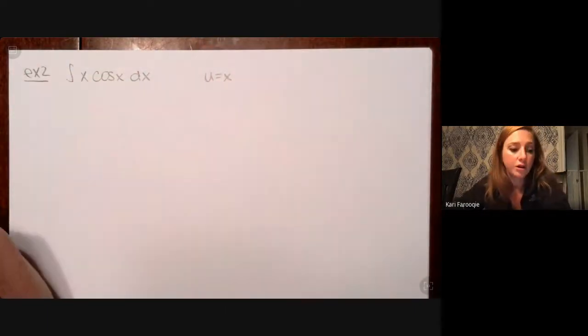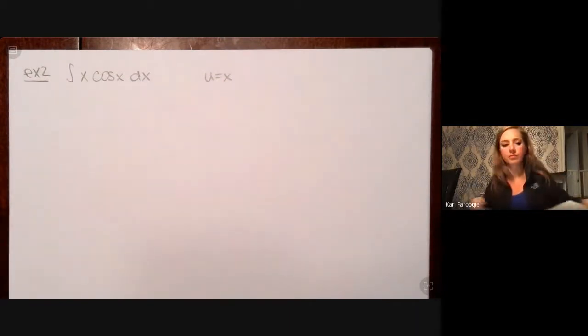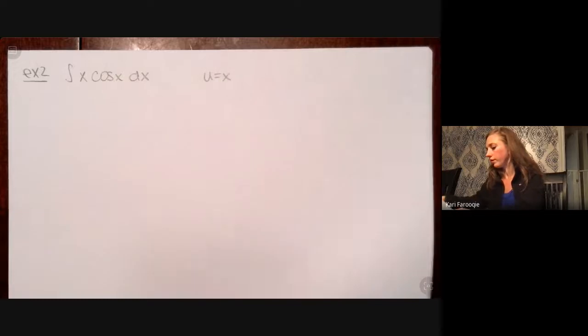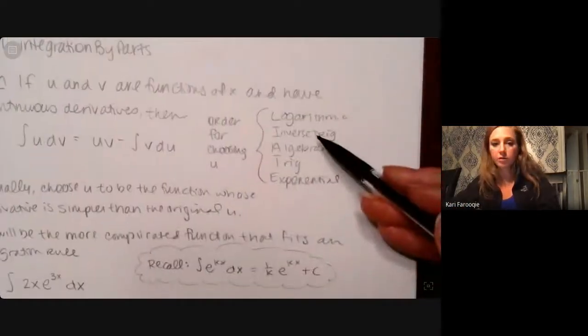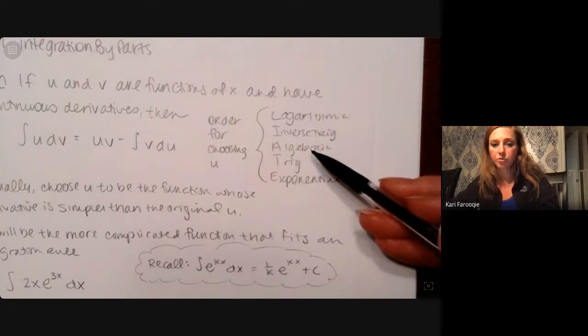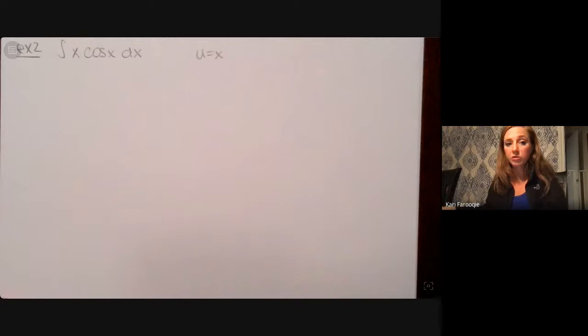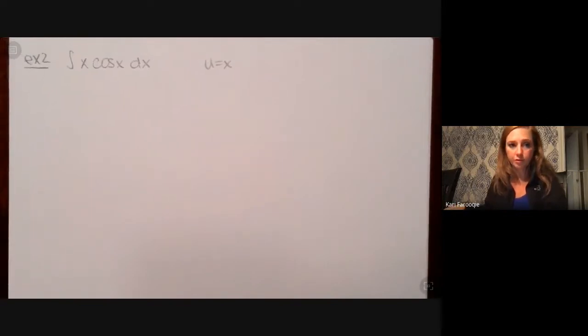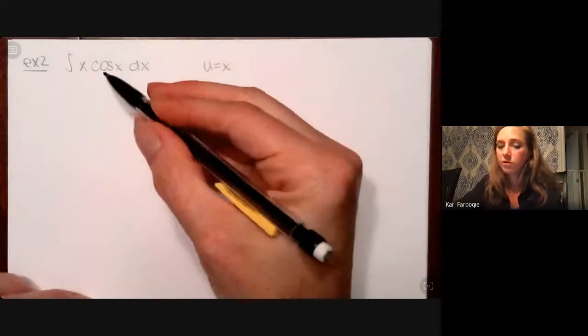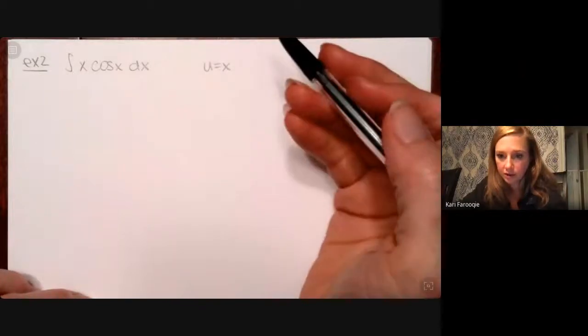And if you're not sure, remember, go back to your LIATE sheet. Logarithmic, inverse trig, algebraic. Algebraic comes before trig. And remember, you want u to be the function whose derivative is simpler than u. If I were to take the derivative of cosine x, I'd get negative sine x.